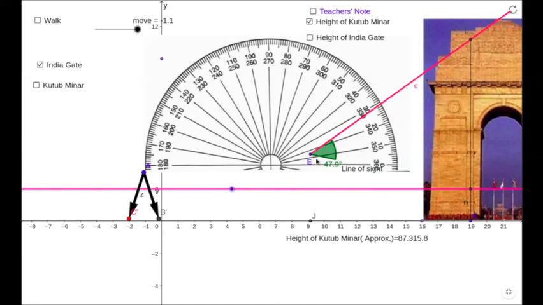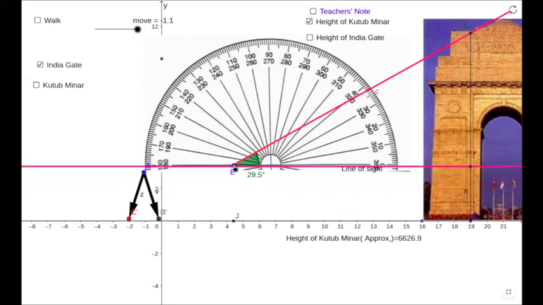Okay, so we verify, right? I keep this one. Okay, what is the angle now? 32.8, right? Okay. Here it is how much? 29, sir.